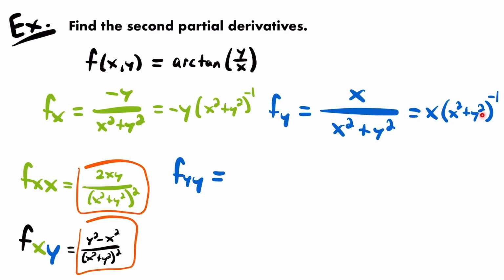Let's differentiate this function with respect to y. You're going to use the chain rule, starting with the derivative of the outside function for this composite function. So multiply that negative 1 down, subtract 1 from the exponent, and multiply by the derivative of the inside function with respect to y. So multiplying the negative 1 down, you'll get negative x times x squared plus y squared to the power of negative 2.